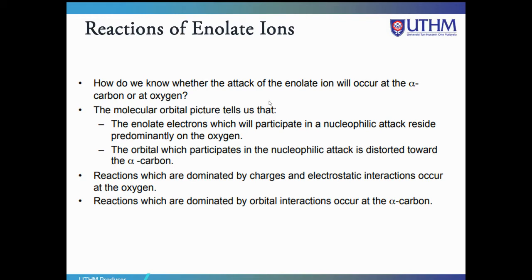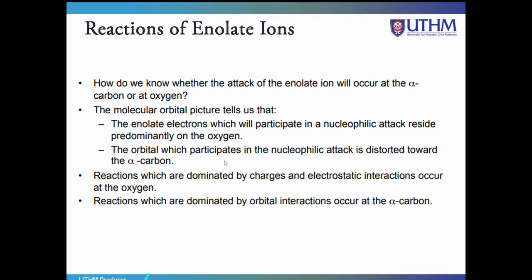Reaction of enolate ion. How do we know whether the attack of the enolate ion will occur at the alpha carbon or at the oxygen? This rule will determine it. The molecular orbital picture tells us that the enolate electrons which will participate in the nucleophilic attack reside predominantly on the oxygen.